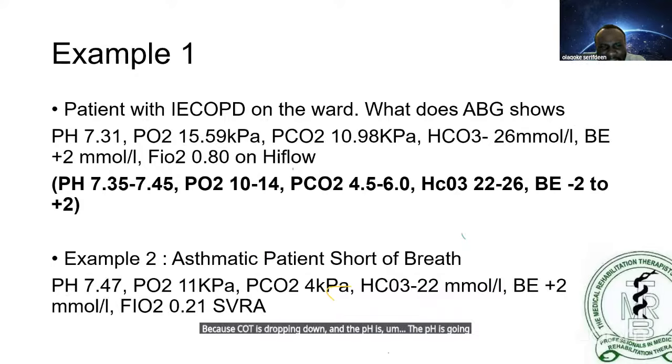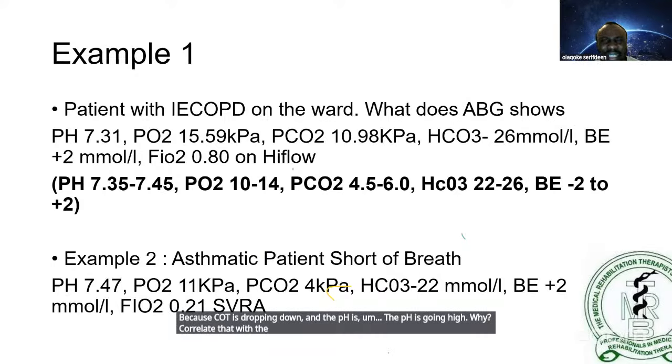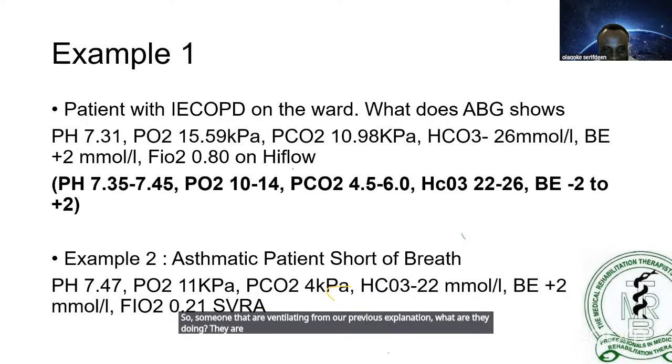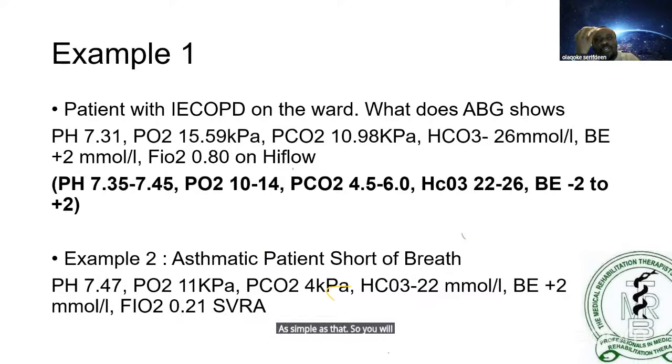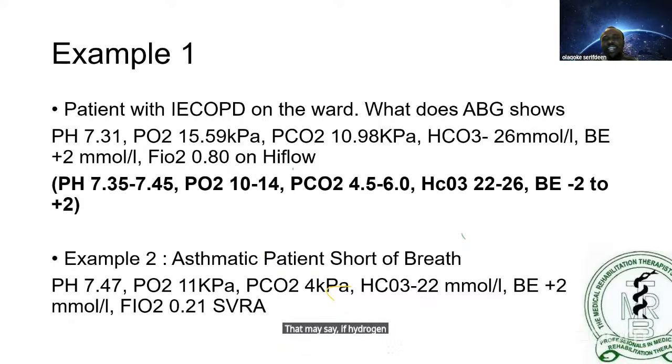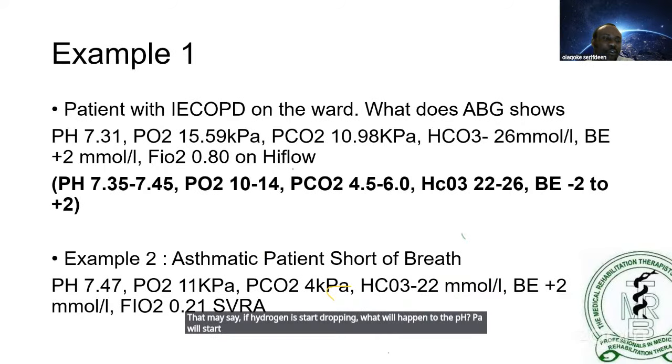Why? Correlate that with the patient: asthmatic patient, short of breath. They are currently hyperventilating. Someone that is hyperventilating is throwing out CO2. As simple as that. So you will normally expect CO2 to drop in their blood. If CO2 is dropping in their blood, the hydrogen will start dropping. If the hydrogen is dropping, what will happen to the pH? The pH will start shifting to the right. It will start going up.